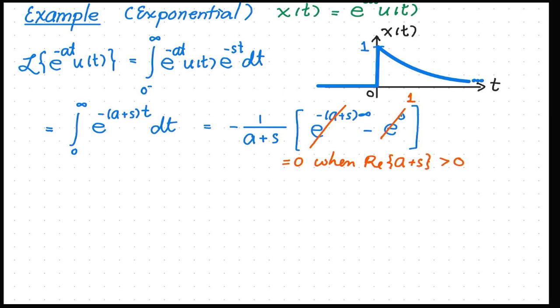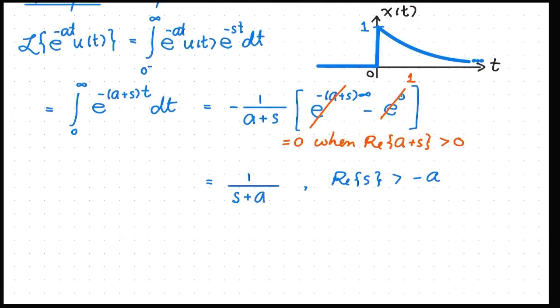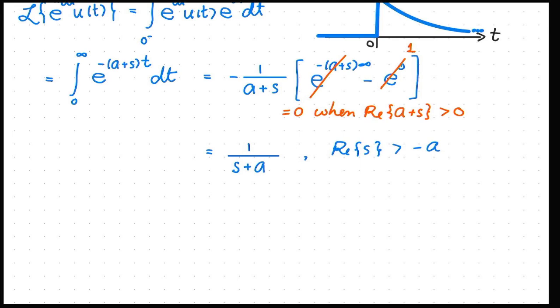When that happens, you have 1 over s plus a when the real part of s is greater than minus a. So we conclude that the decaying exponential, e to the negative a t u(t), has the Laplace transform pair 1 over s plus a.